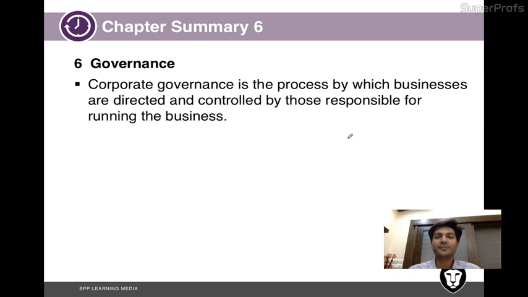Corporate governance is a process by which businesses are run and controlled by the managers responsible for running the business. Remember, it's very important to make sure the company management runs the business in an ethical manner, that they should not commit any fraud, and they must portray an accurate picture of the company by making the right set of financial statements. So all that is part of governance.